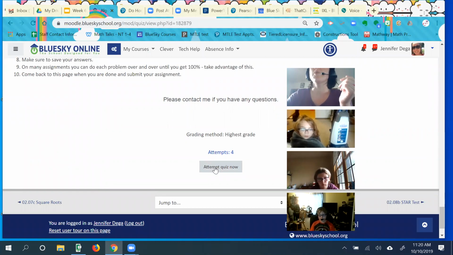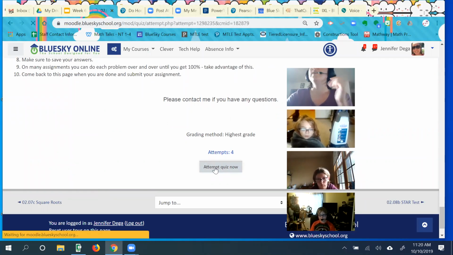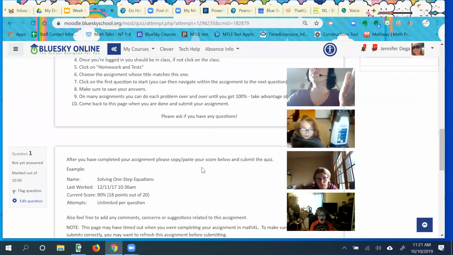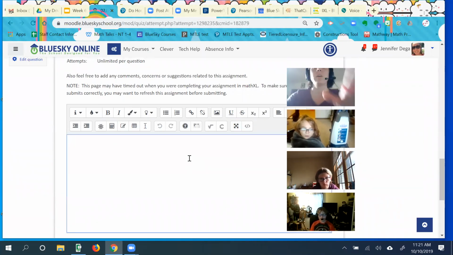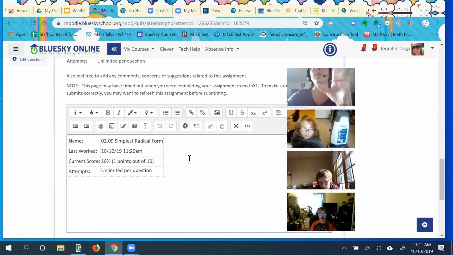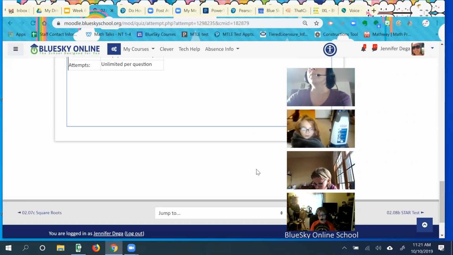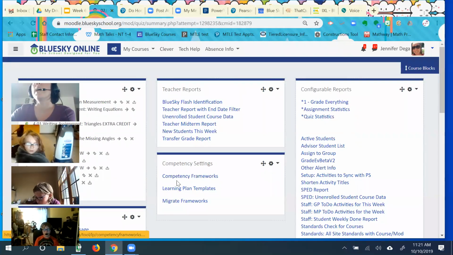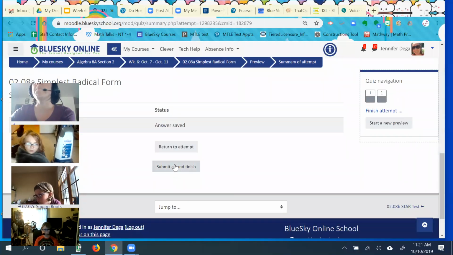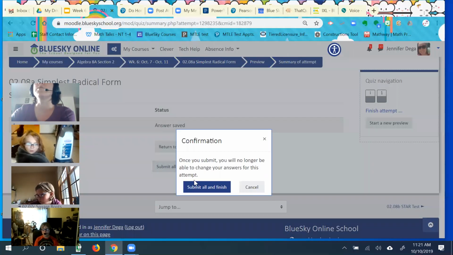Hit attempt quiz now. Sometimes you will have additional questions to answer in Moodle, but this one looks like not the case. Then we're going to hit Control V, and there's our score. And then we're going to hit finish attempt. And then you have to hit submit all and finish.